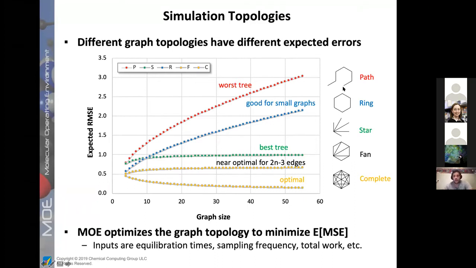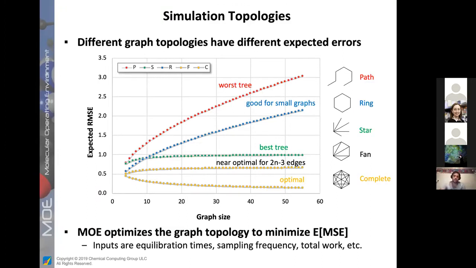That is maybe quite logical, but also when you look at the ring at the beginning, it's actually a really good graph because you have only a couple of steps for each ligand, and also you have cycle closure analysis capabilities, but quickly the ring becomes so large that you're getting closer and closer to the path topology.